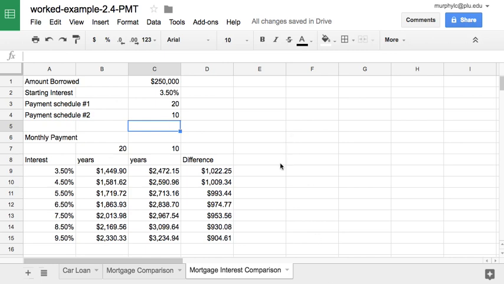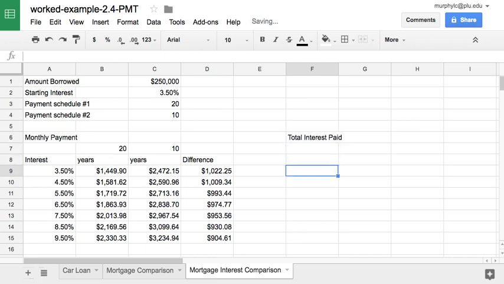So now the other thing that I would like to know here is how much total interest am I paying depending on the length of the loan. So I'm going to add another little table over here, total interest paid.